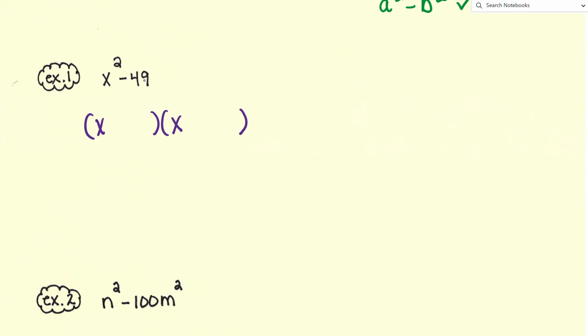Right here, that's a perfect square, and that's 7 times 7, and you need a plus and you need a minus. The reason you need a plus and a minus is because a positive times a negative has to give me a negative 49. I always put plus and minus, but you could do the minus and then the plus as long as you have one of each side.